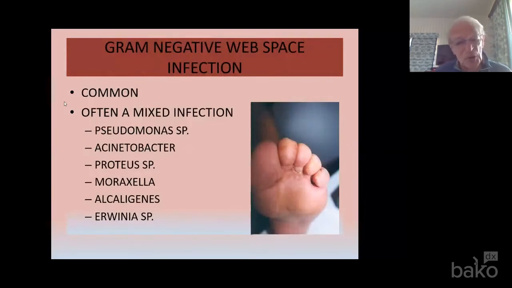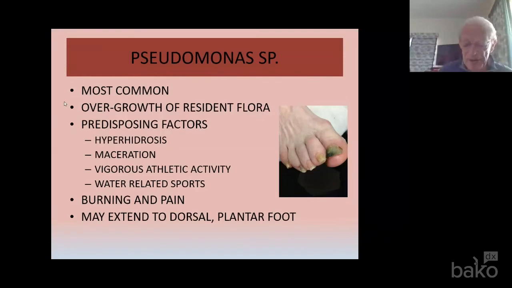You can have pure gram-negative web space infections, and Pseudomonas seems to be statistically the most common organism, and that makes sense because, again, as you all know, we tend to see Pseudomonas grow in infections that are characterized by the presence of moisture. So antifungal or anti-Pseudomonal therapy is appropriate.